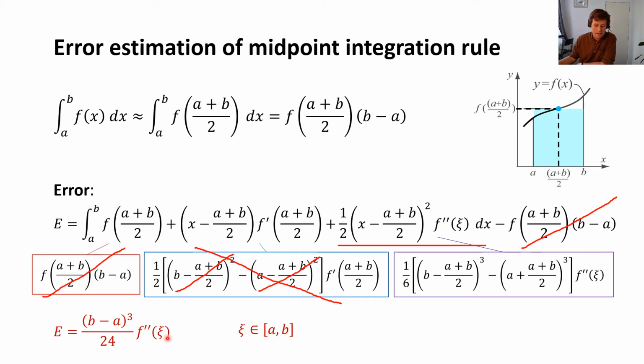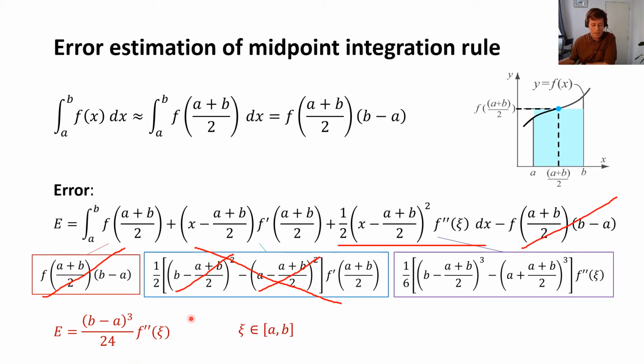This also tells us that if this second derivative is 0 everywhere between a and b, the midpoint rule would be exact. And that is actually very intuitive, because if that second derivative is 0, then f is either a constant, for which the midpoint rule is obviously exact, or it could be a first degree polynomial. So a line with a constant slope.